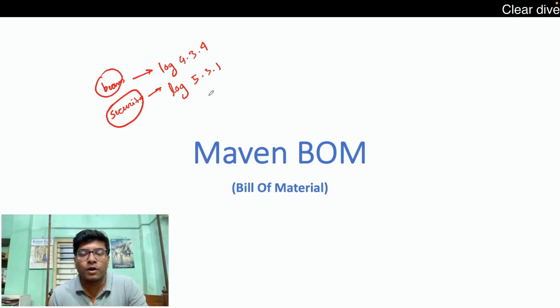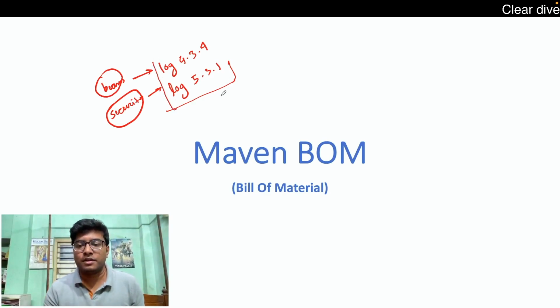But before moving forward, to solve all of these problems there is a concept of Maven BOM, bill of material, which is a very easy and efficient concept to manage these terrible things, I would say. Before starting the actual concept, I'll start with how Maven itself manages these conflicts. So let's get started.